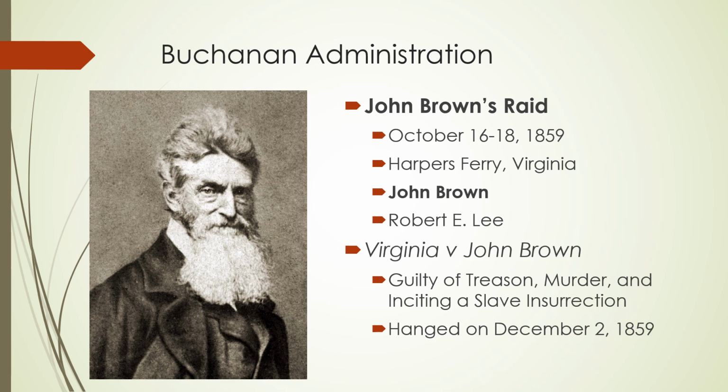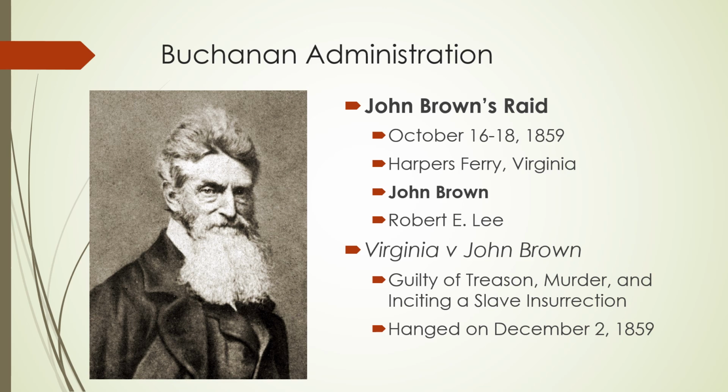Brown and his followers, which consist of some of his white followers and some black followers, go to raid the federal arsenal. Obviously, the federal government has to respond to this. And in fact, there's an operation commanded by Robert E. Lee. Robert E. Lee is a hero of the Mexican-American War. He's a U.S. Army officer who's tasked with putting down this raid.